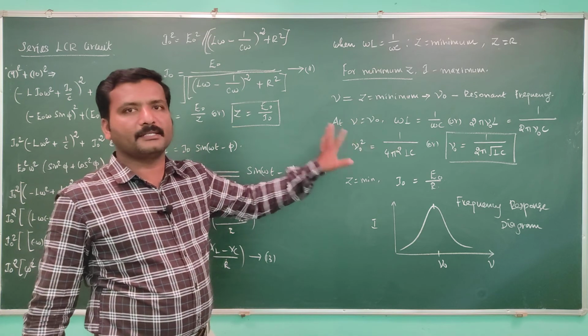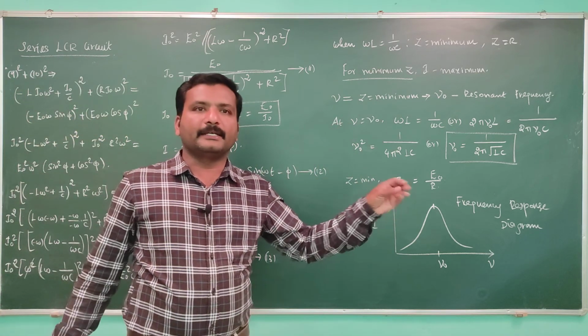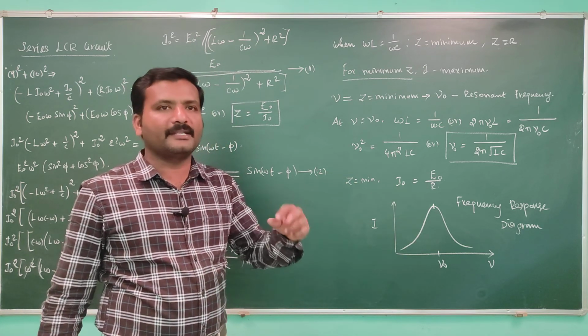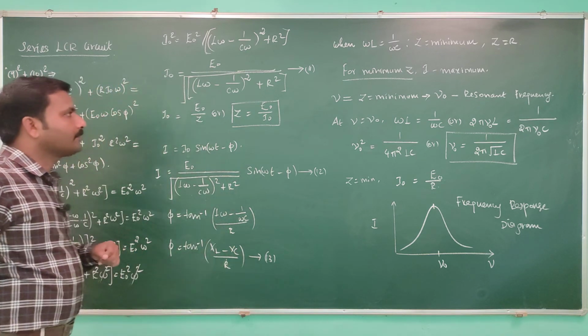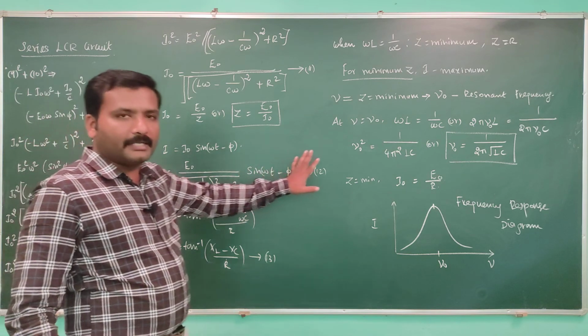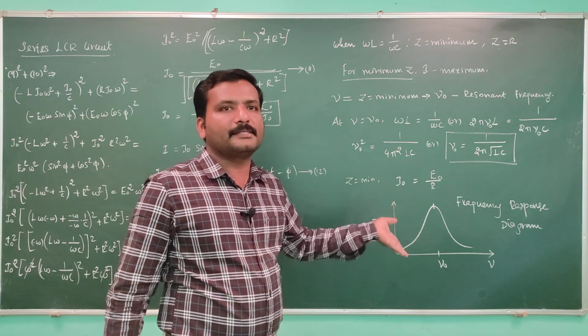So the series LCR circuit is applied in radios to tune the desired frequencies, or desired radio stations of a particular frequency. So this is all about the mathematics and the science behind the series LCR circuit.